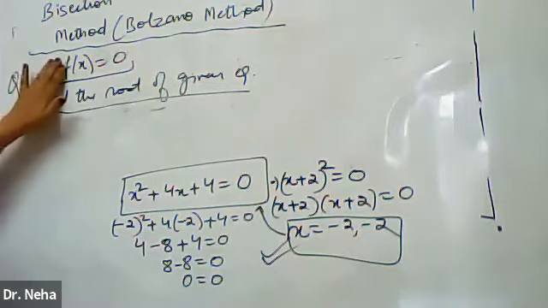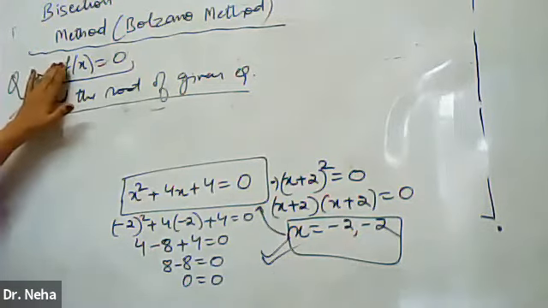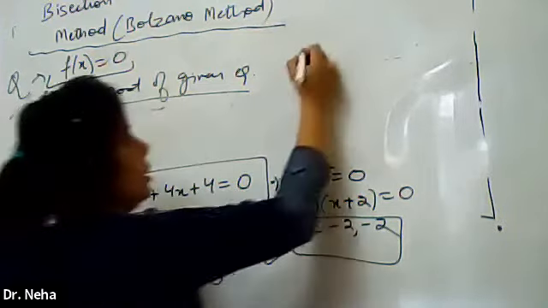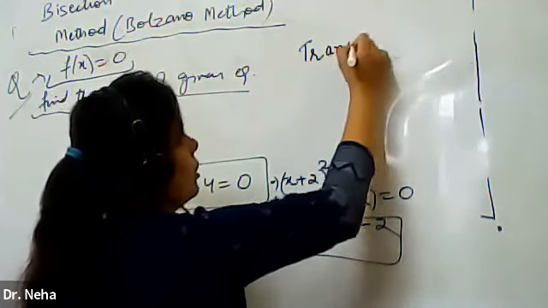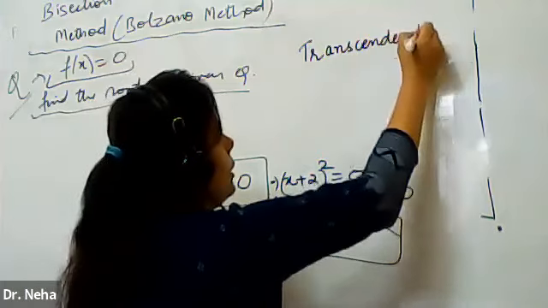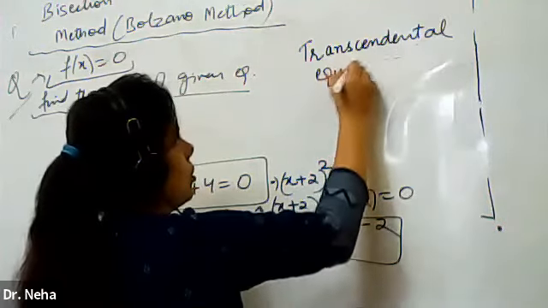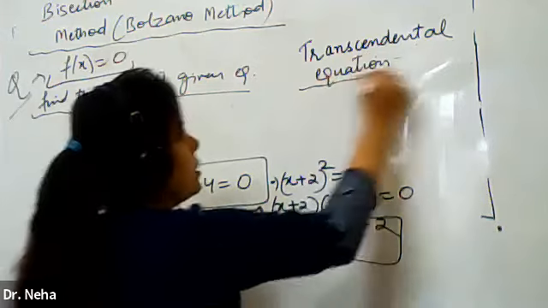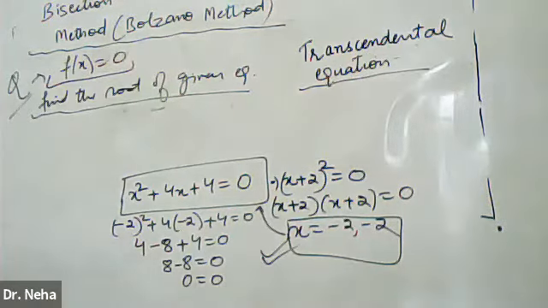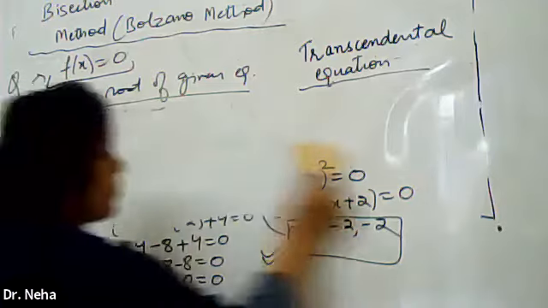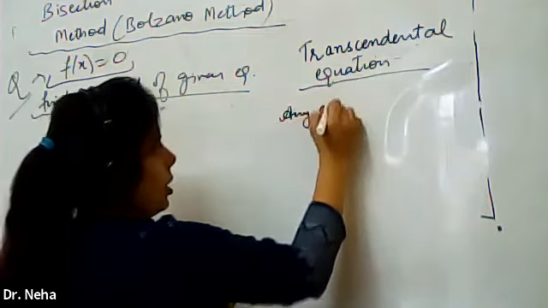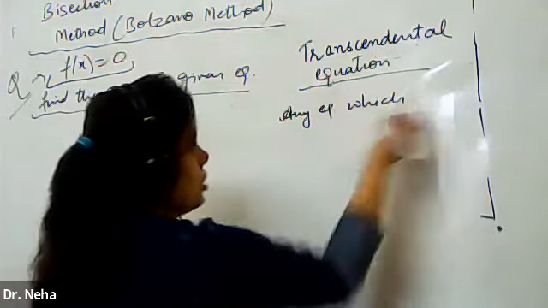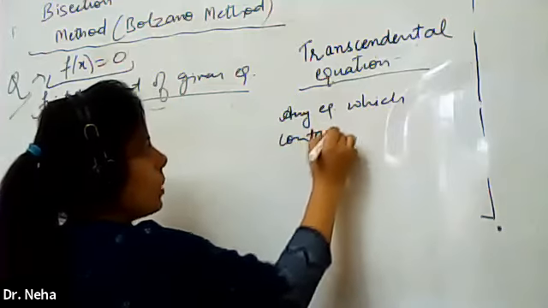Now we are given some function. Now this function can be a transcendental equation also. Please write down a word separately at the top of your sheet. Transcendental equation. Now what does this mean? Transcendental equation. Any equation which contains, this can become a definition of 2 marks also.